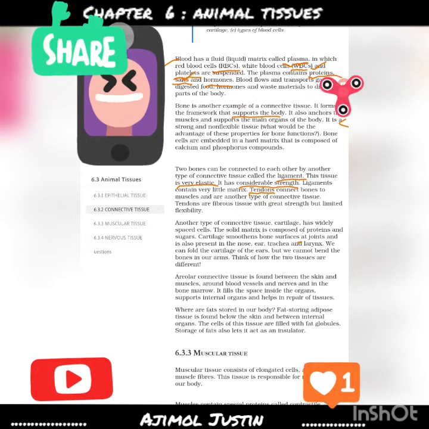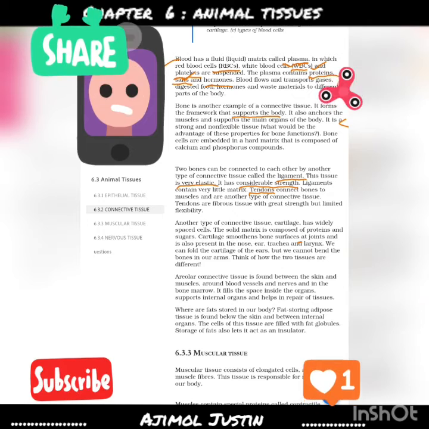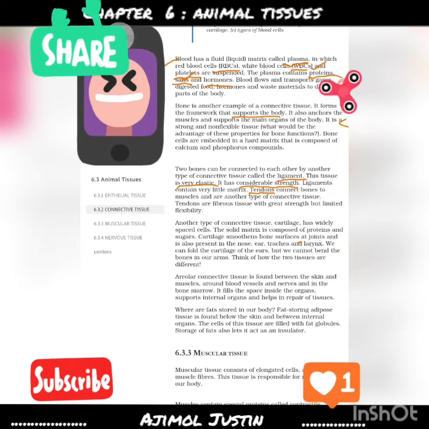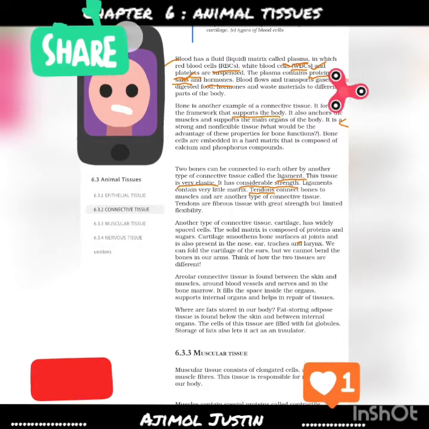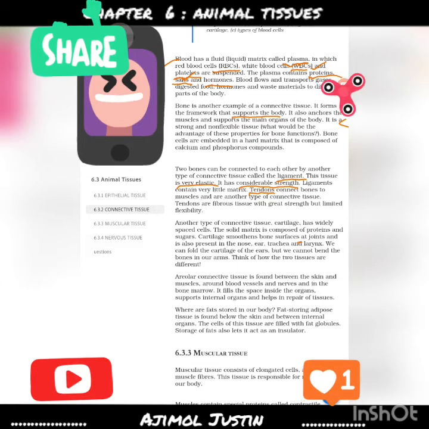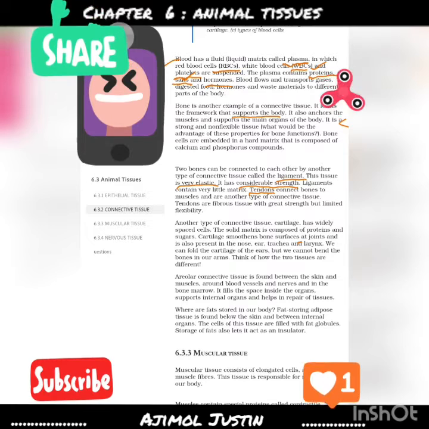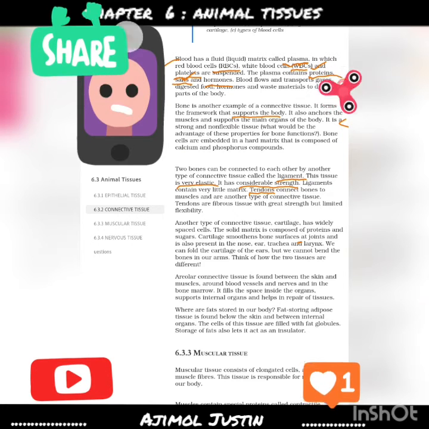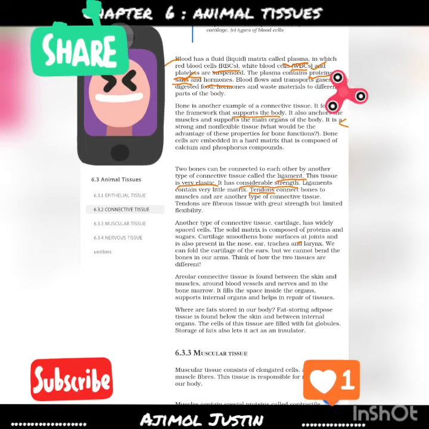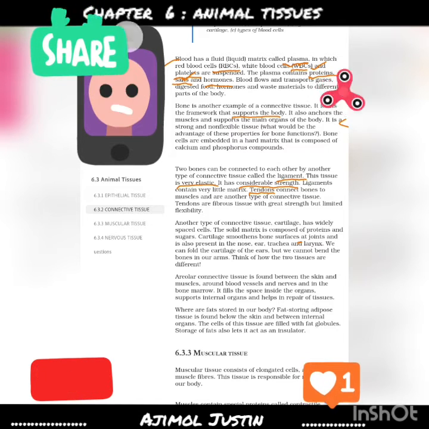Bones to bones, it is ligament, and bones to muscle, tendons. Now tendons are fibrous tissue with great strength but limited flexibility. Muscles and bones are connected with tendons. They have great strength but are not very flexible.